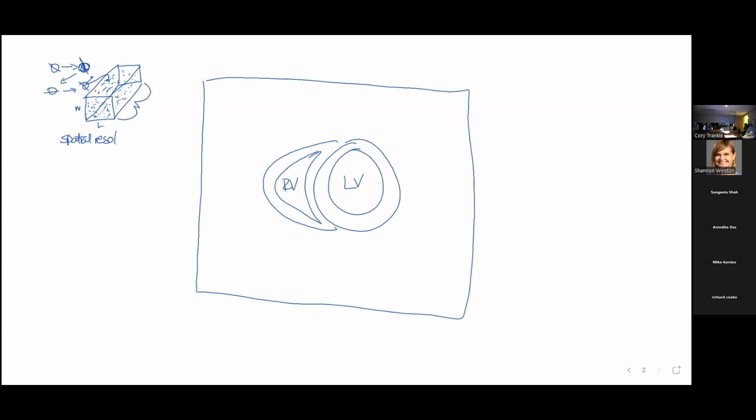Right? And so if we have big voxels like this, what's going to happen is we're not going to be able to make out the boundaries of the wall. Our spatial resolution is low.